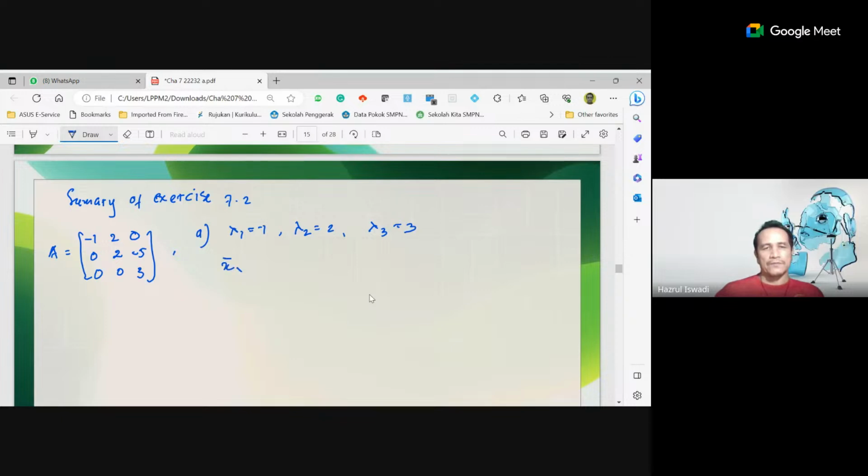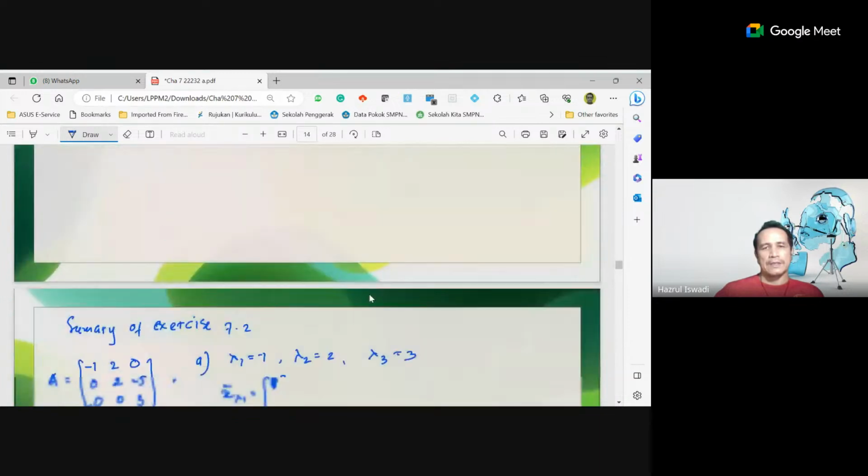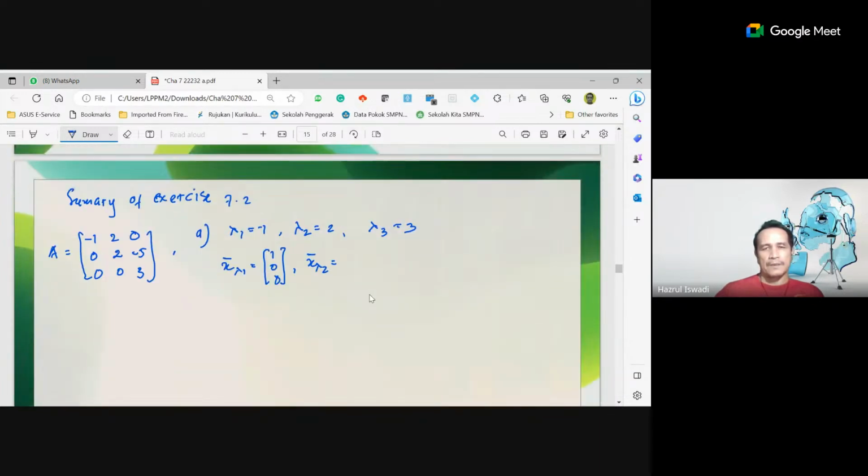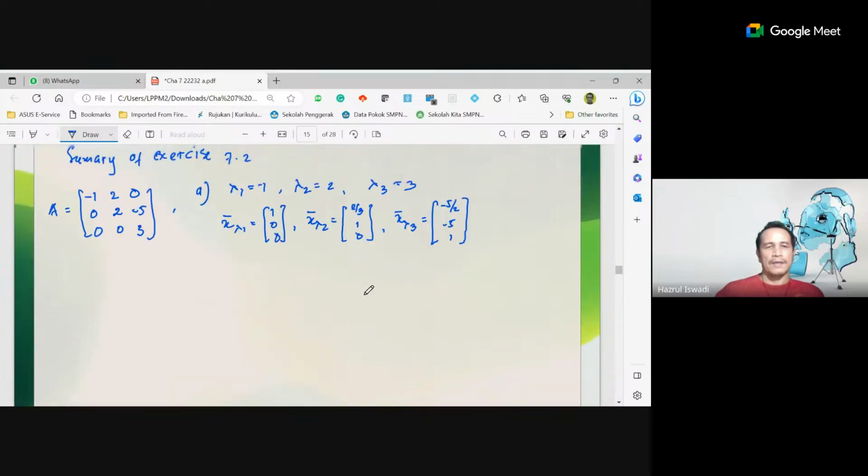The eigenvector of lambda 1 is 1, 0, 0, the eigenvector of lambda 2 is 2/3, 1, 0, and the eigenvector of lambda 3 is -5/2, -5, and 1. This is the eigenvectors of A.